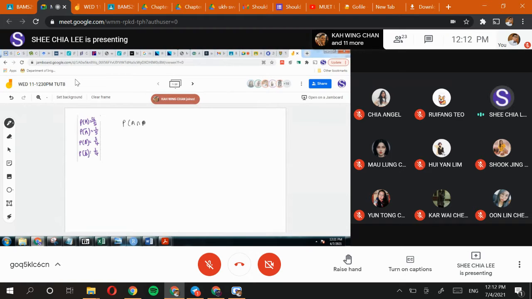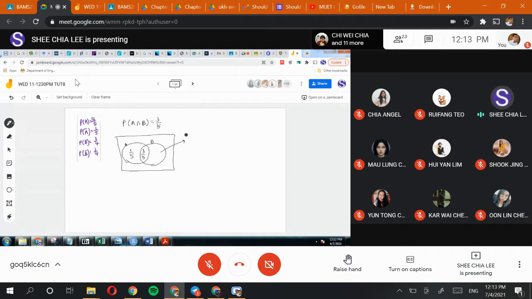A and B also last 5 years is 3/5. Okay, so I draw my Venn diagram. A, B. So A and B both last is 3/5. A lasts is 4/5. This is 3/5, so this one will be 1/5. Okay, B lasts will be 3/4.